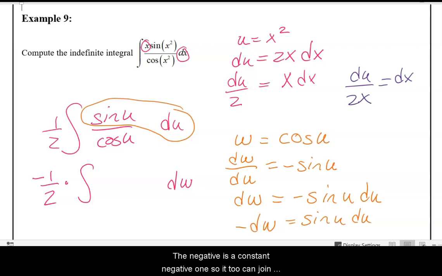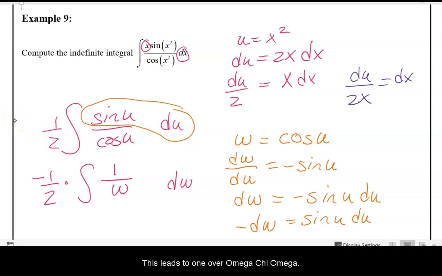The negative is a constant -1, so it too can join the 1/2 on the outside. Now I need to substitute cosine of u in place of omega, or rather vice versa. We'll replace cosine of u with omega. This leads to 1 over omega d omega.